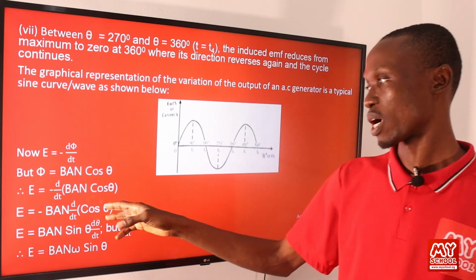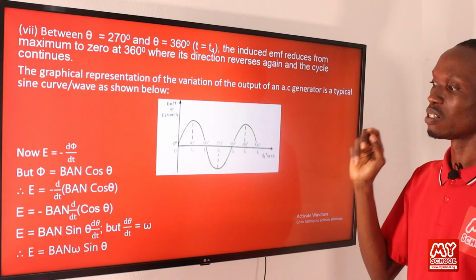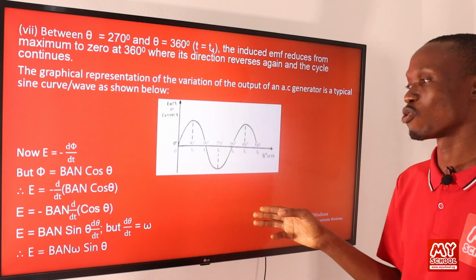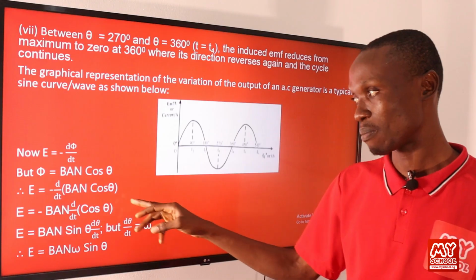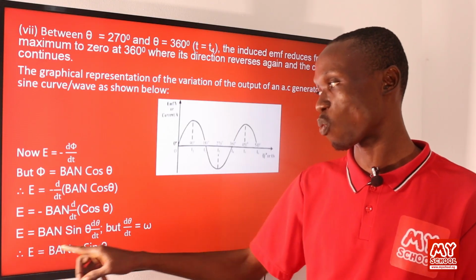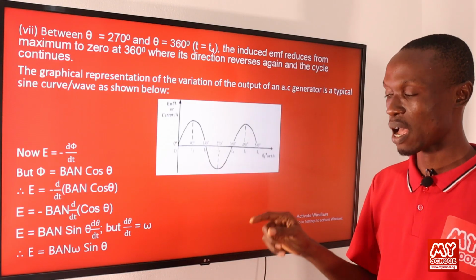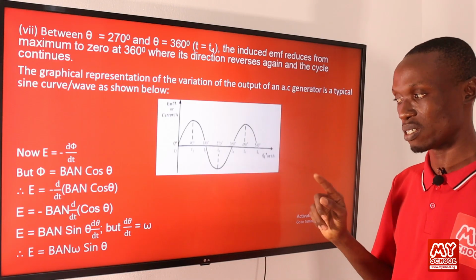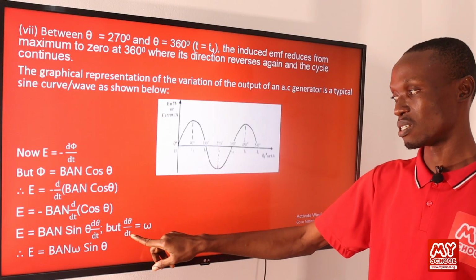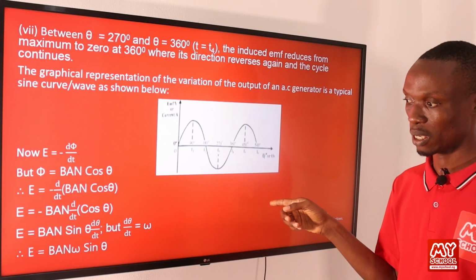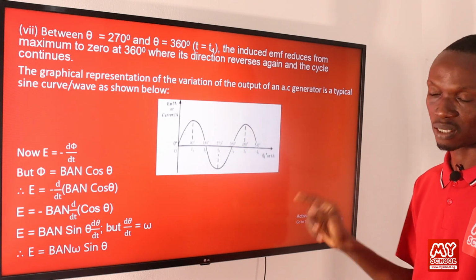Of course, we can rewrite this as E equals minus BAN d/dt of cos theta. So if we differentiate cos theta with respect to time, then we will have E equal to BAN sin theta d theta over dt. But remember that d theta over dt is equal to omega. So that E now becomes BAN omega sin theta.